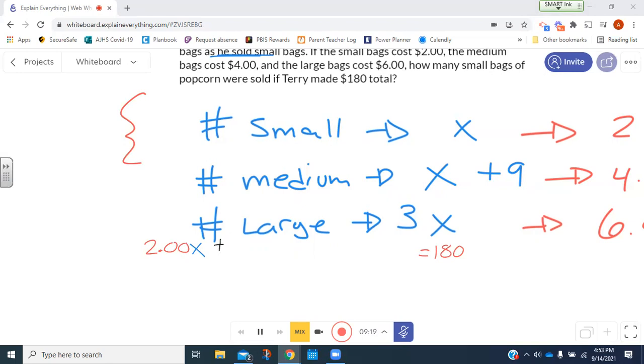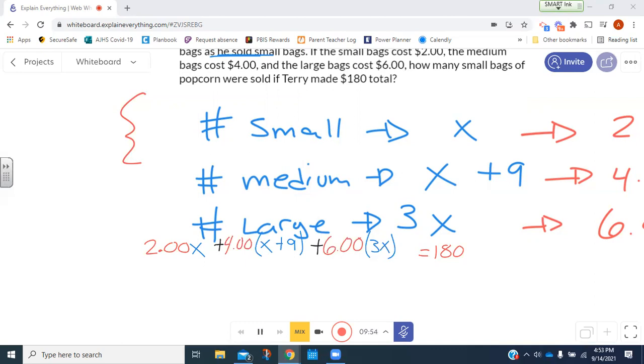So we can say plus the number of medium bags, which was x plus 9, times the cost for each medium bag sold, which was $4. Okay, and finally, we can take the number of large bags sold, 3x, times the cost for each large bag, $6. Okay, and this is the most difficult part. This is setting up the equation.